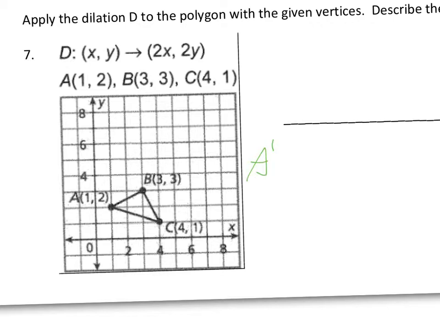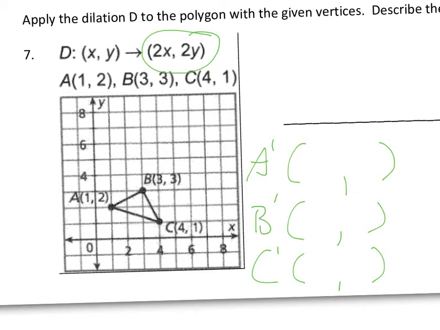We're going to come up with a new coordinate for A and B and C, noticing that we're multiplying the original x by 2 and the original y by 2. So 1 times 2 is 2, 2 times 2 is 4, 3 times 2 is 6, 3 times 2 is 6, 4 times 2 is 8, 1 times 2 is 2.